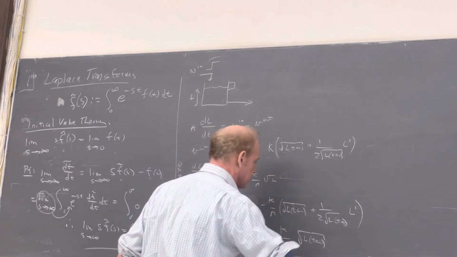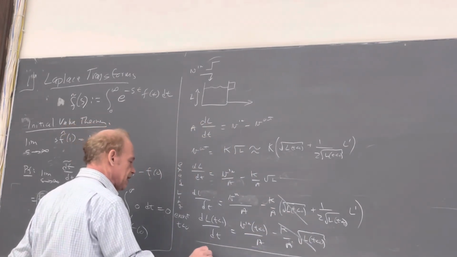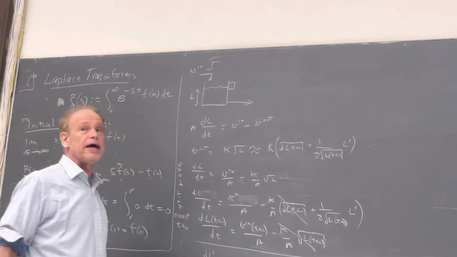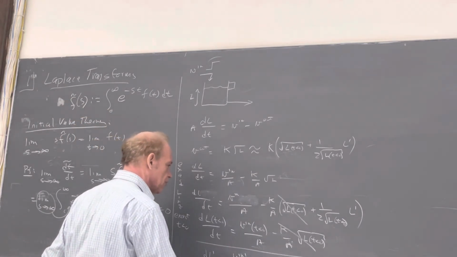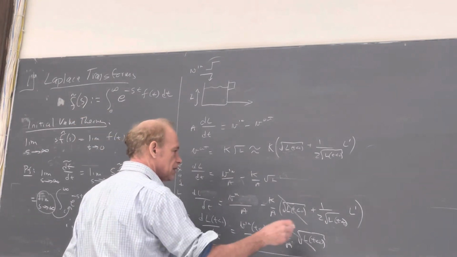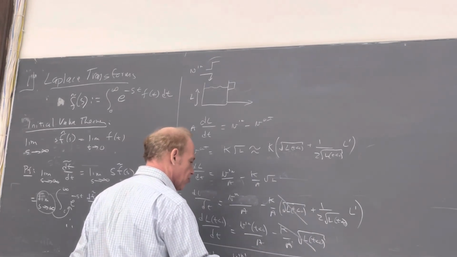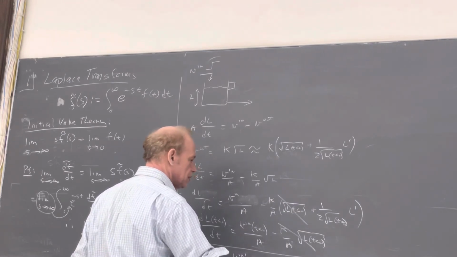When I subtract them, this term cancels, and I'm left with dL prime/dt, because L minus L at t less than 0 is L prime, equal to V in prime over A, plus K over 2A root L at t less than 0 times L prime.